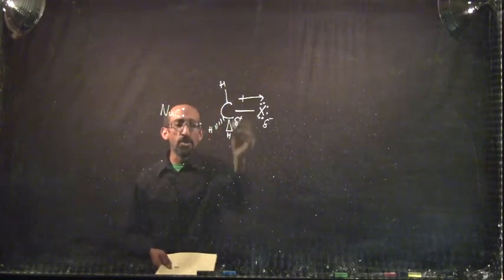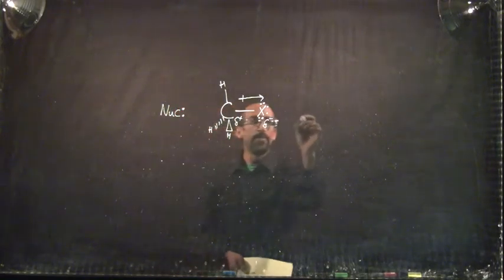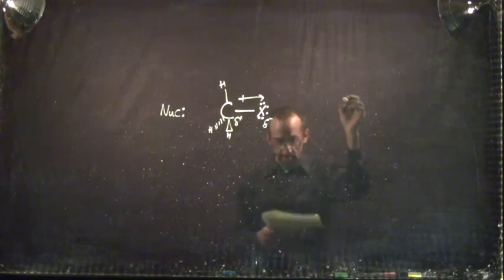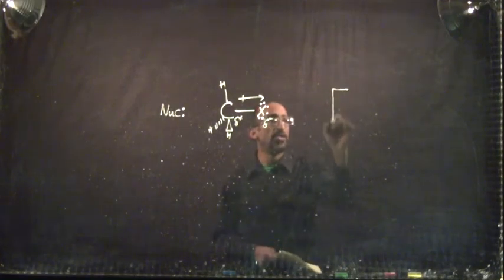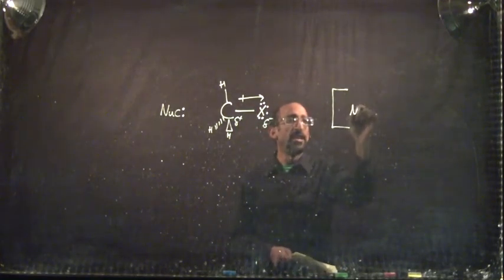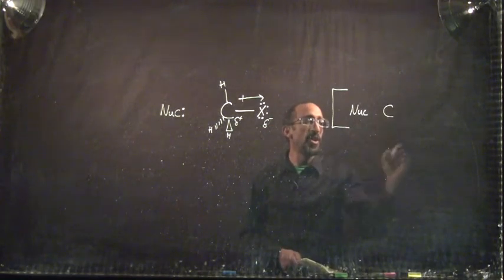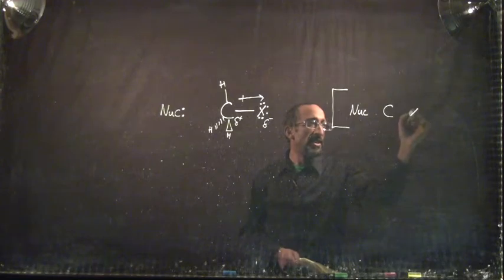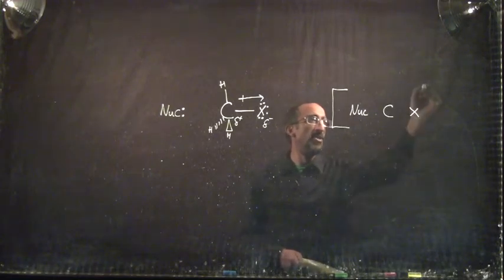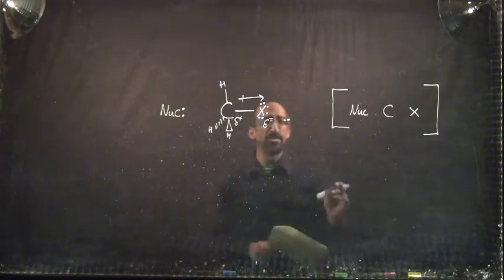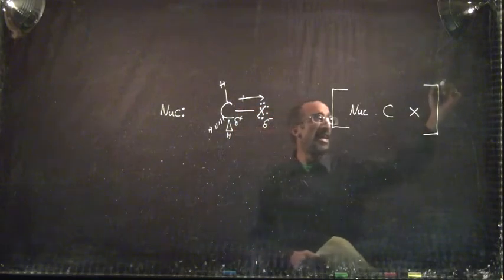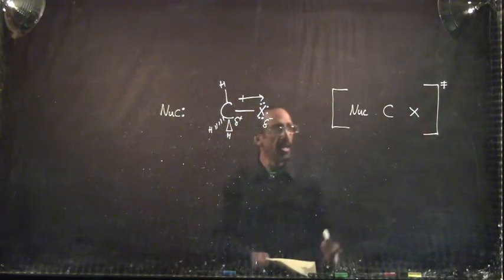And so as this nucleophile approaches, we generate what's called a transition state. Our transition state has our nucleophile in proximity to our carbon atom. Here's our halogen, which is our leaving group. We always put transition states into brackets and give them this double dagger symbol.